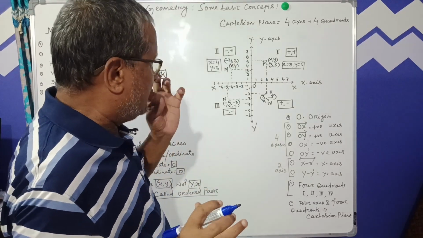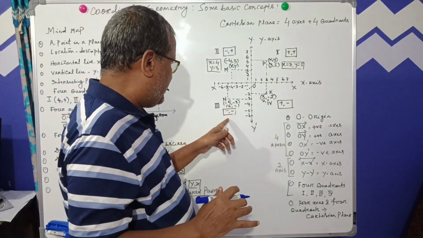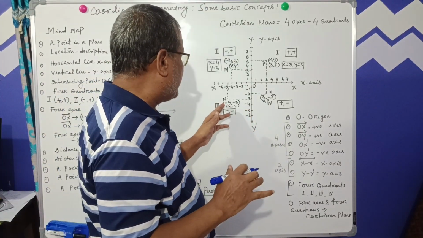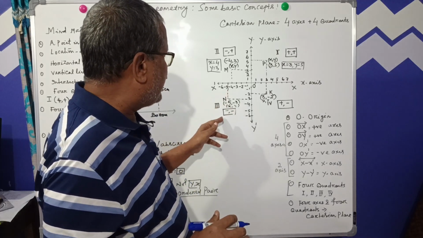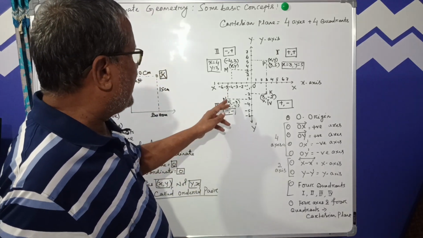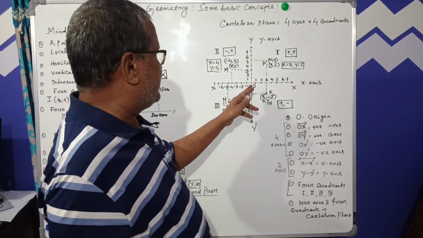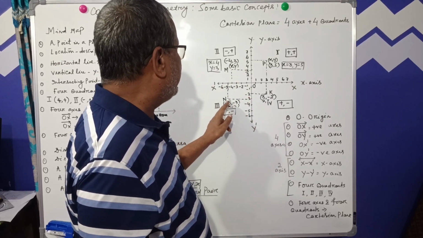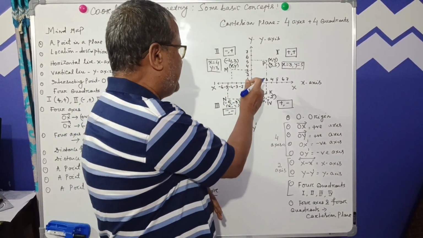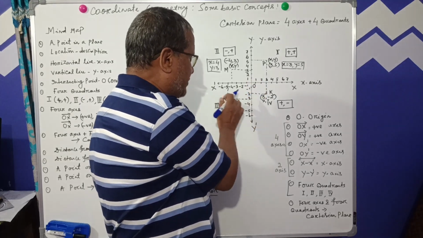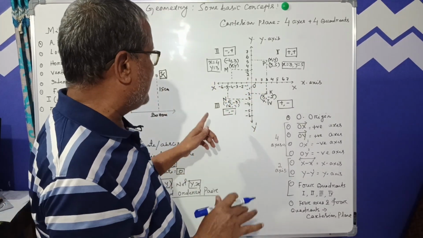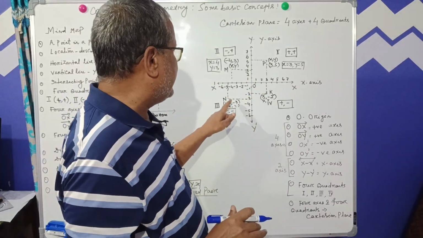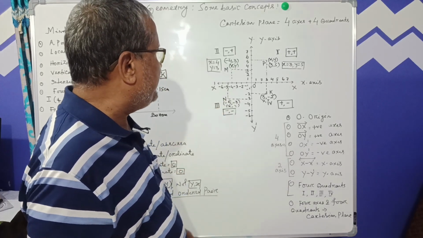Similarly, you see another point that we have taken in quadrant 3. Now look here. The abscissa from this point is minus 5. From the y-axis, the perpendicular distance is called abscissa, otherwise called the x-coordinate. The x-coordinate is minus 5.